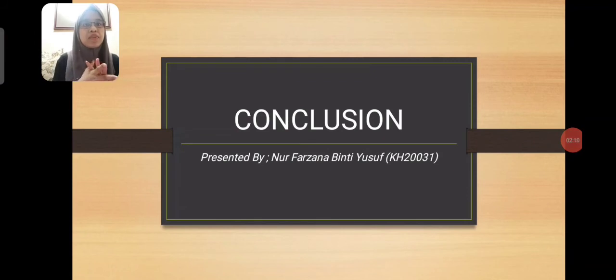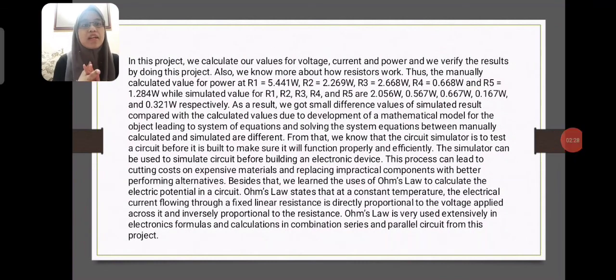For the next part, I will present the conclusion which we got from this circuit project. In this project we got more knowledge and more ideas on how to calculate the values of voltage, current and power, and we also verified the results by doing this project.